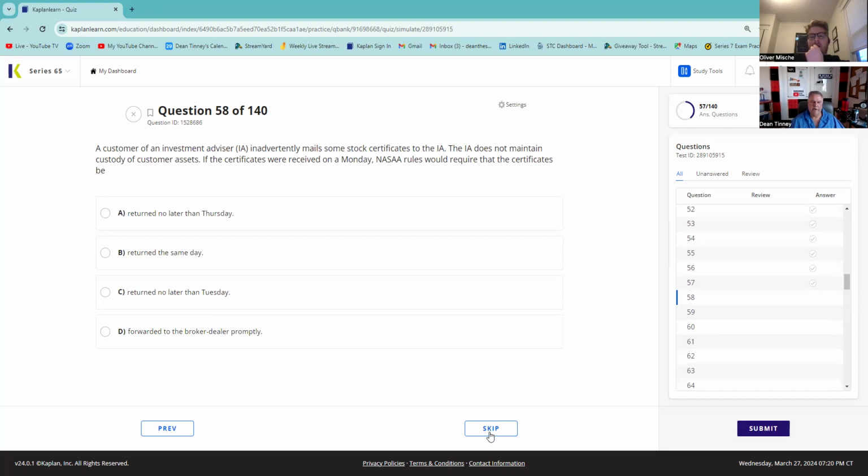A customer of an investment advisor inadvertently mails stock certificates. This is testable. The IA does not maintain custody. So you were supposed to send it to the broker dealer, and you sent it to my investment advisory.